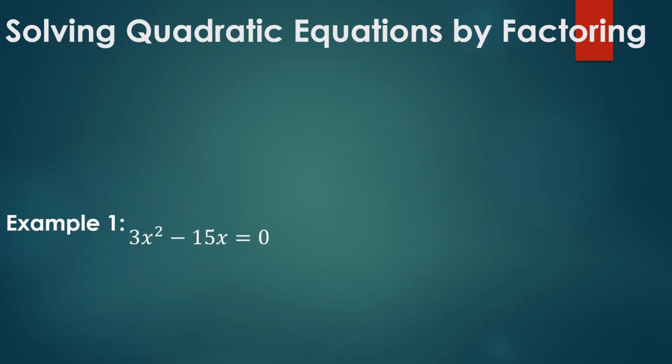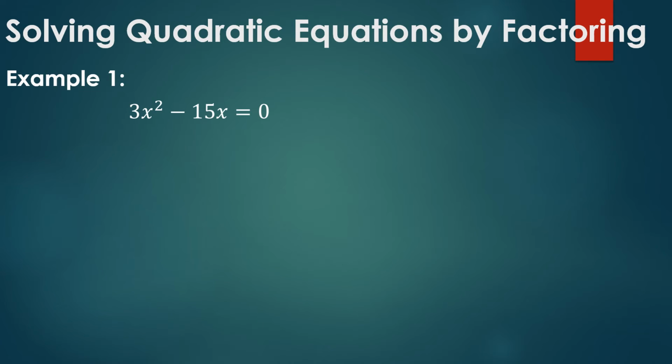So let's have example number 1. 3x squared minus 15x is equal to 0. As you can see, the equation is already equated to 0. Therefore, we are going to proceed in factoring. In factoring 3x squared minus 15x, we are going to find the GCF of 3x squared and 15x, the greatest common factor.